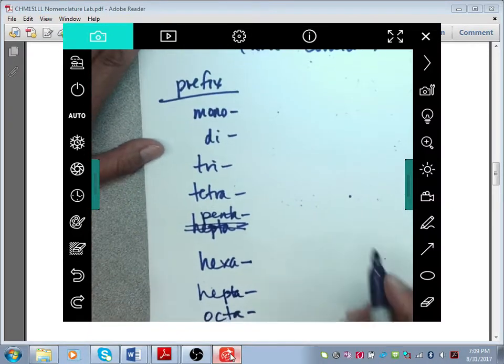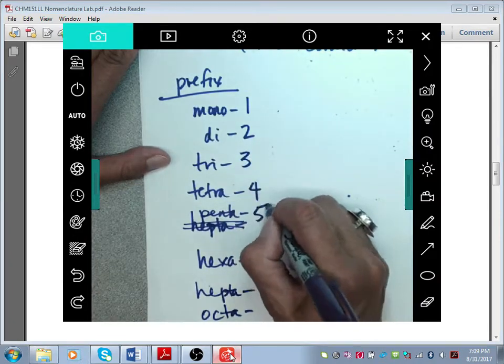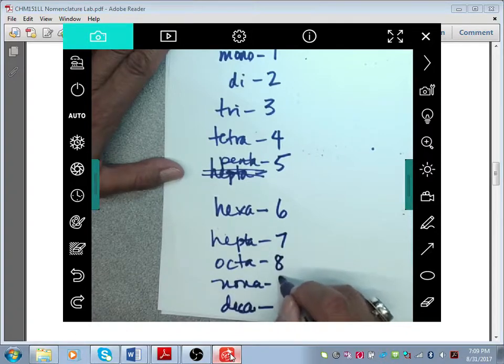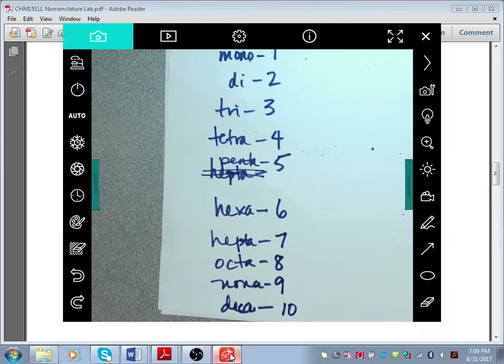Right, so mono is 1, di, tri, tetra, penta, hexa, hepta, octa, nona, and deca. Those are the prefixes that you need to remember. You need to memorize those.